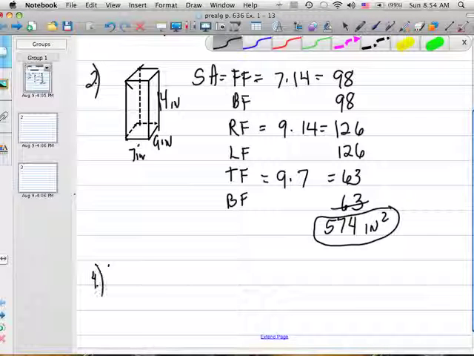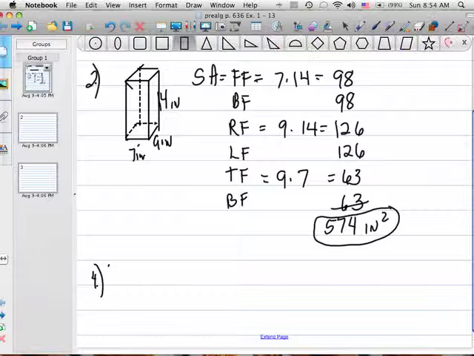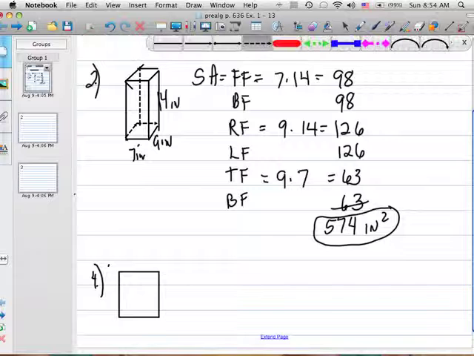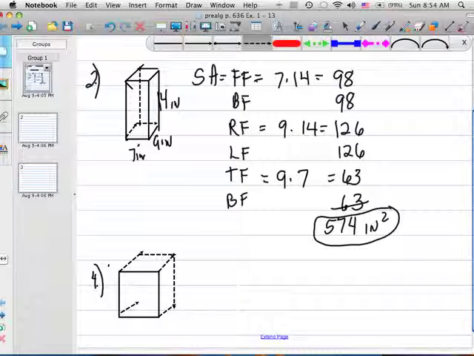Problem number 4, we have another rectangular prism. Okay, I guess there are dashed lines here. It's okay, we'll just use them.